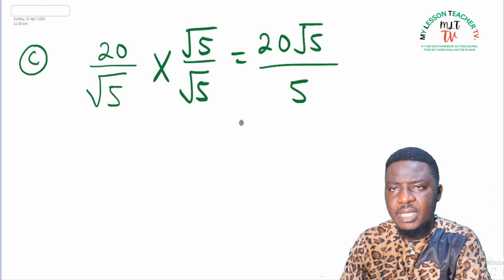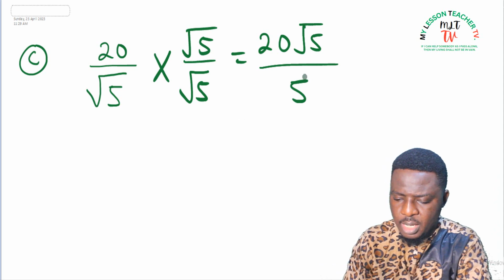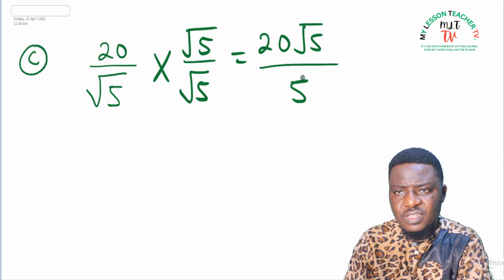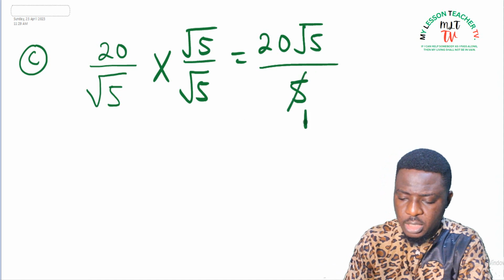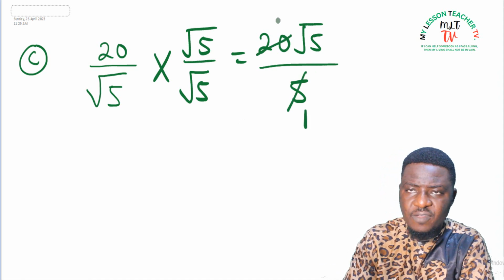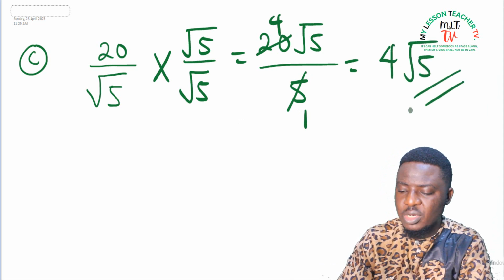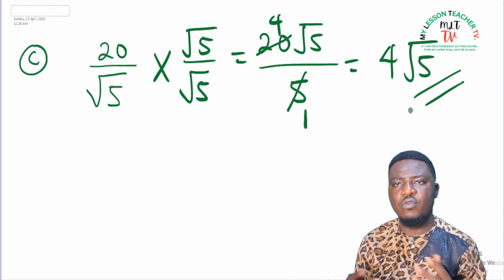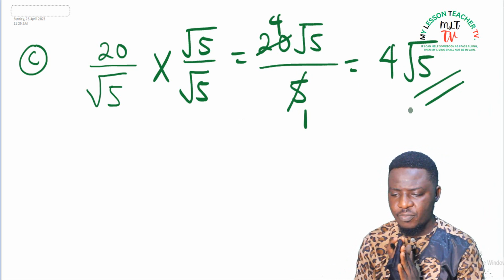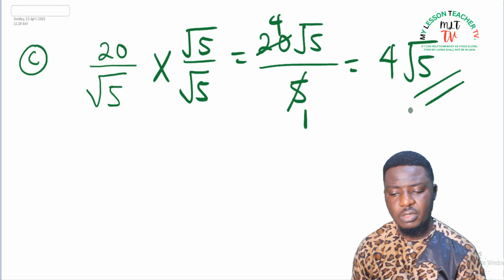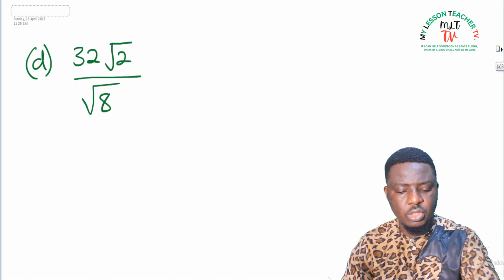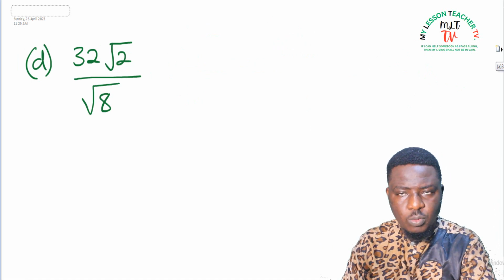Now you simplify it to its lowest form and you discover that 5 is a factor of 5 and 20. So 5 into itself is 1, 5 into 20 is 4. So this becomes 4 root 5, which you can easily multiply. Once you know the value of root 5, you can then multiply it by 4 and it gives you your answer.